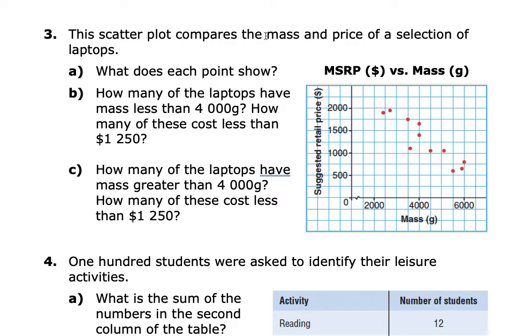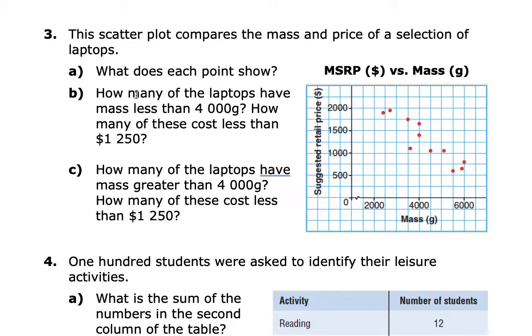The scatter plot compares the mass and price of a selection of laptops. What does each point show? So we'll take a look at one point and see what it's telling us. On the x-axis, this is telling us its mass, and on the y-axis, this is its price, or suggested retail price. So this is two variable data because there are two numerical quantities attributed to each laptop that we sample in a survey.